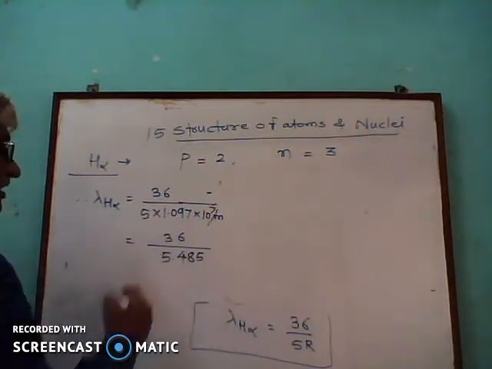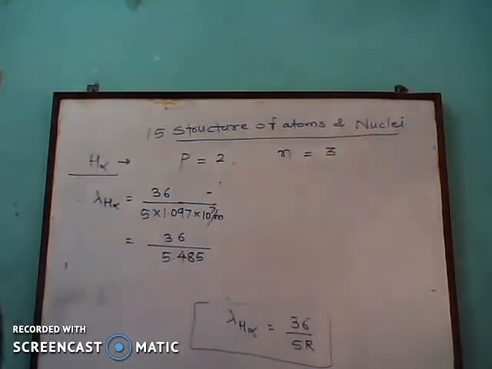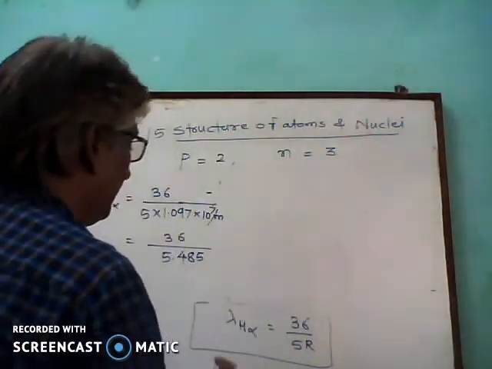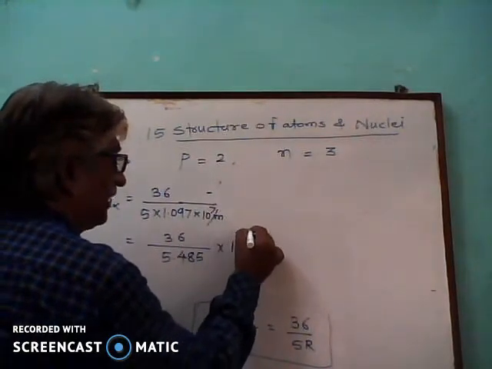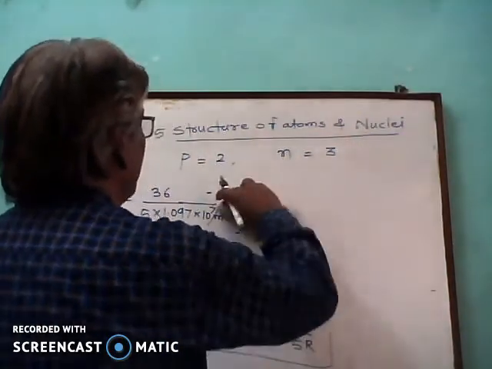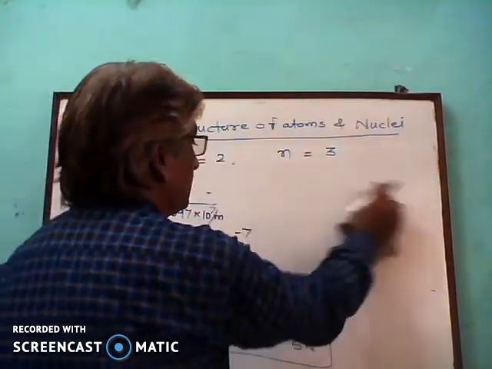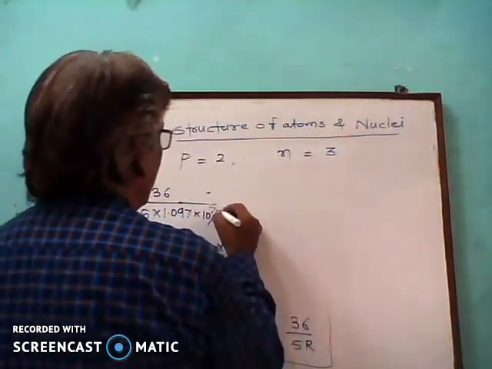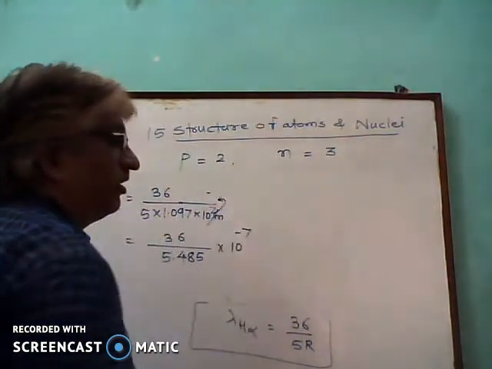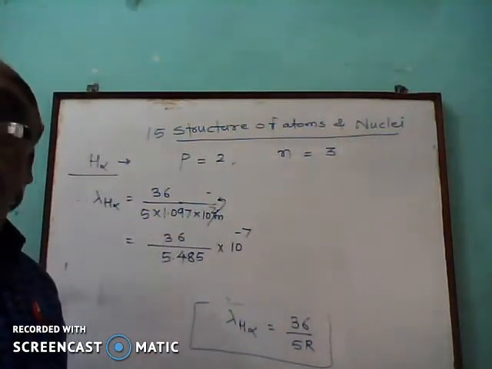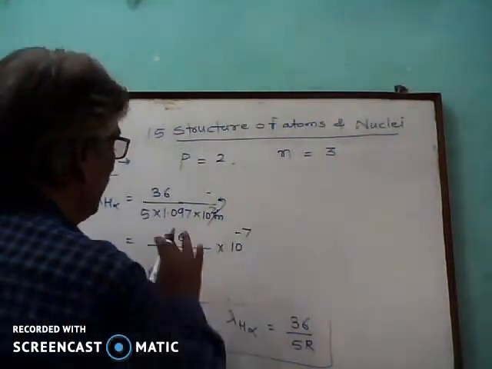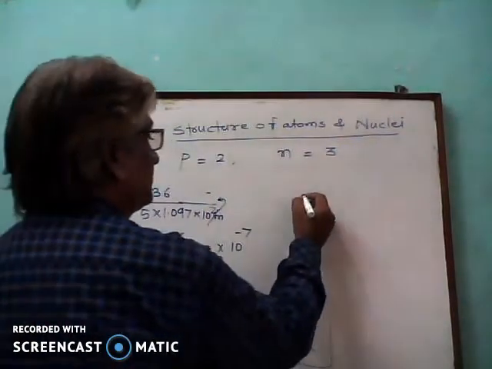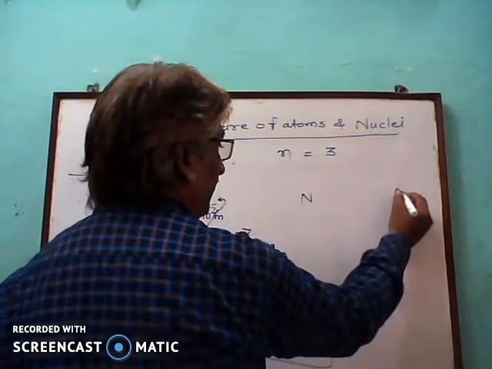So 36 upon 5.485 into 10 to the power minus 7. Why minus 7? Because 10 to the power plus 7 moves from the denominator to the numerator, that is 10 to the power minus 7. So the numerator has the value 36.